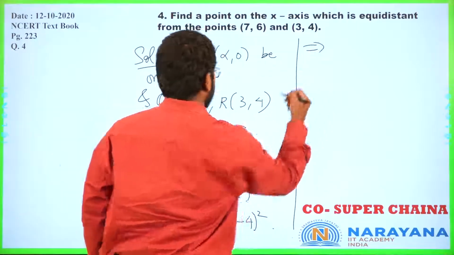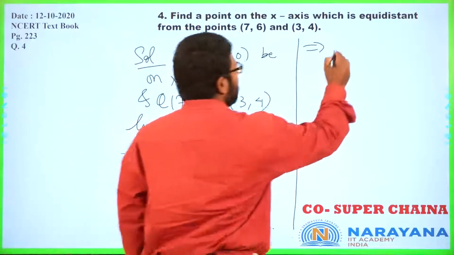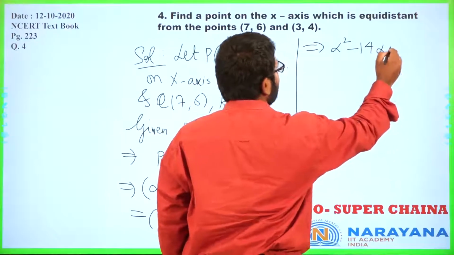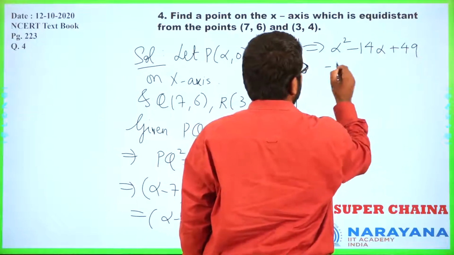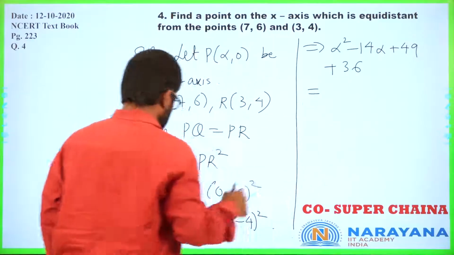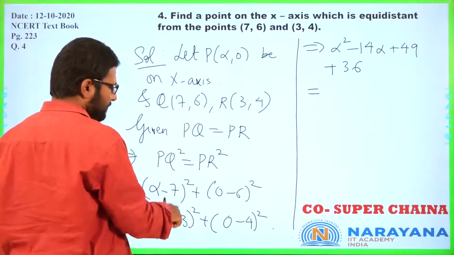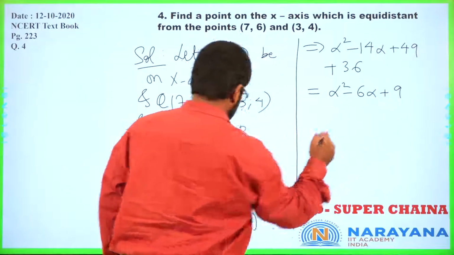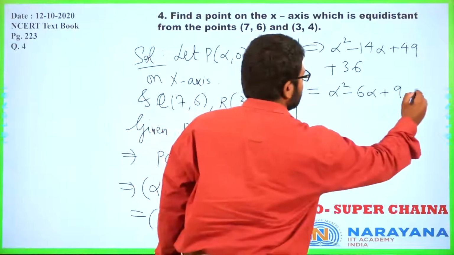Just solve it. So this becomes alpha square minus 14 alpha plus 49, and 6 square is 36, equal to alpha square minus 6 alpha plus 9, and plus 16.